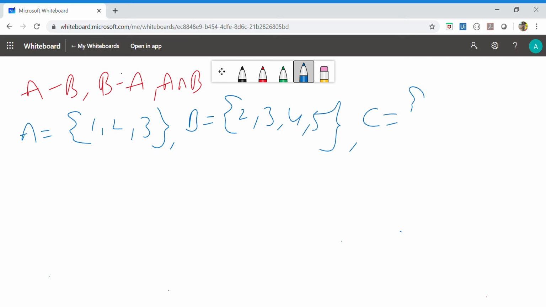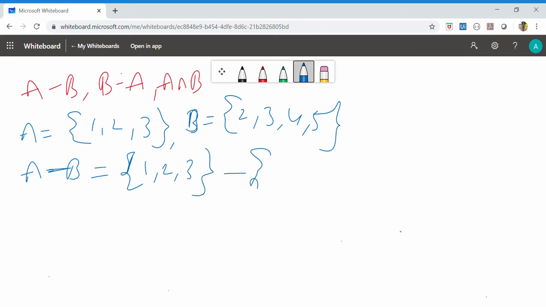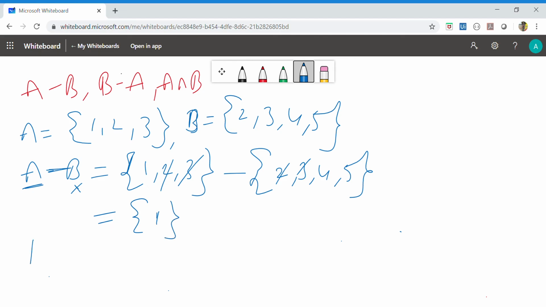That's all, two sets we consider. Then what is A minus B? A minus B is the set {1, 2, 3} minus the set {2, 3, 4, 5}. Minus means the elements which belong to A and do not belong to B. So common elements you have to cancel, and whatever elements are left in A you have to write. So the set {1}.